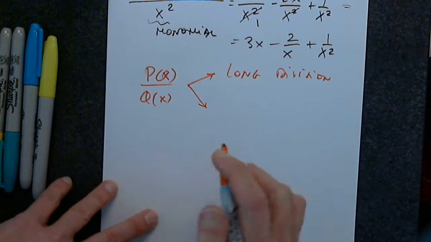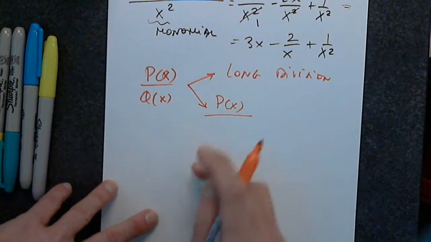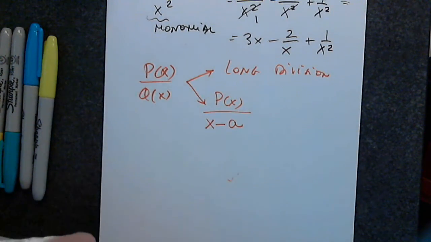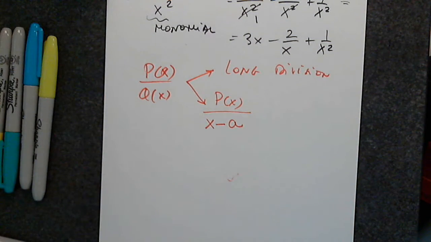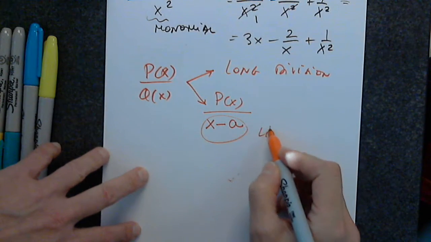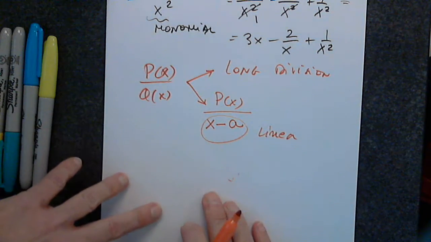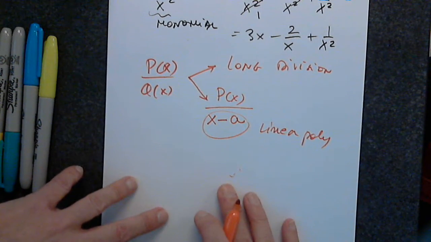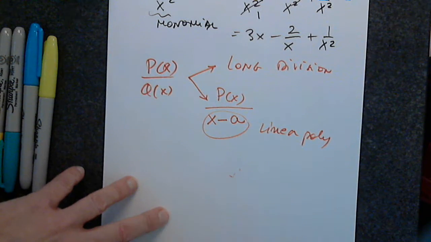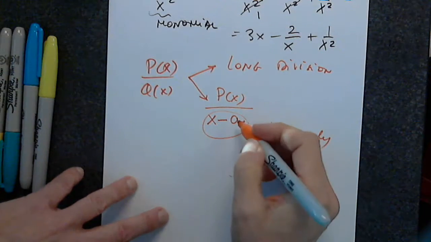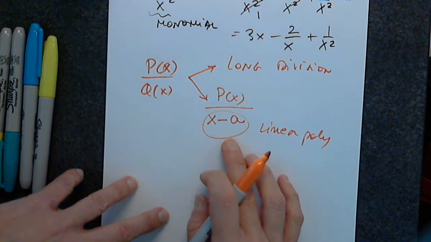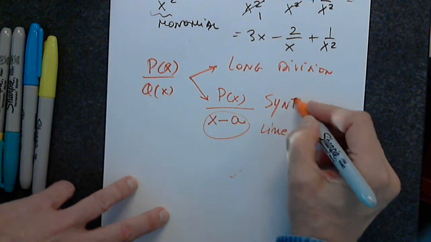It doesn't work in all cases. For example, a polynomial at the top can be anything, but the denominator is x minus a number. Linear, this is a linear polynomial. And a can be anything, positive or negative. In this situation, we can use the long division, but we can also use a different method called synthetic division.